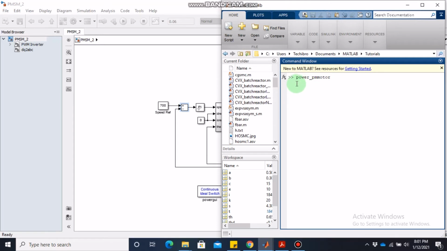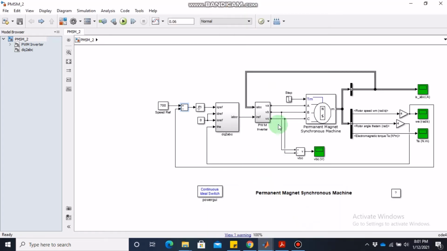So the command is power underscore PM motor. If you enter this command in the command window, Simulink will open up this built-in model. You can copy this model and paste it into a new file, and then you can make edits to this model.